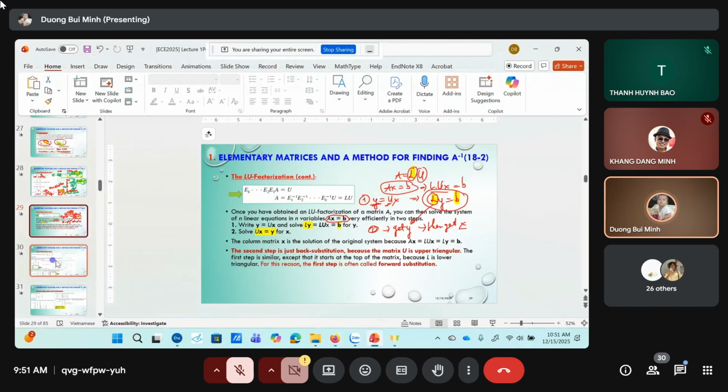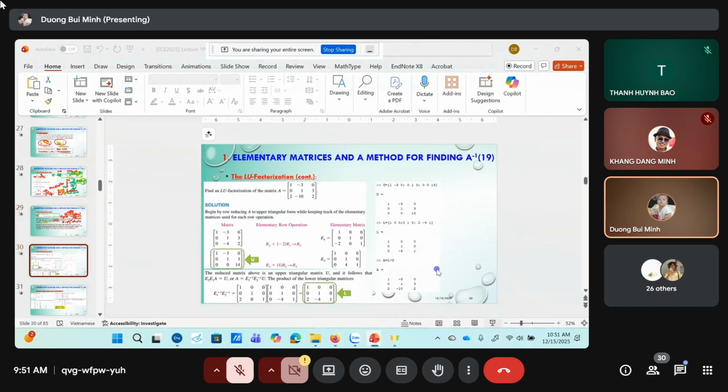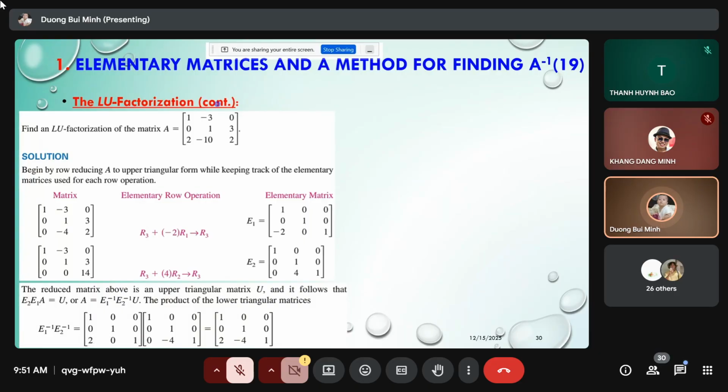Okay, no questions. Continue. So now find an LU factorization of the matrix A. A is L times U. So first of all, we need to modify A to become U. How can we do that?